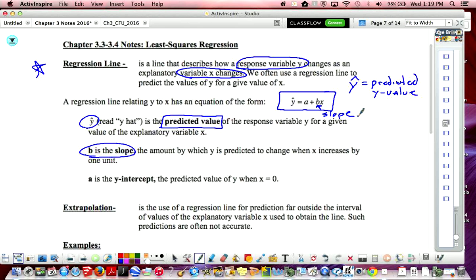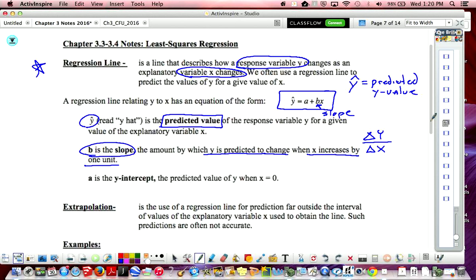Slope is how the predicted y changes when x increases by 1 unit. Remember, it's the change in y over the change in x. Specifically, we'll look at how much our predicted y changes for every one x value. We'll talk about that especially when we talk about our interpretation of slope.